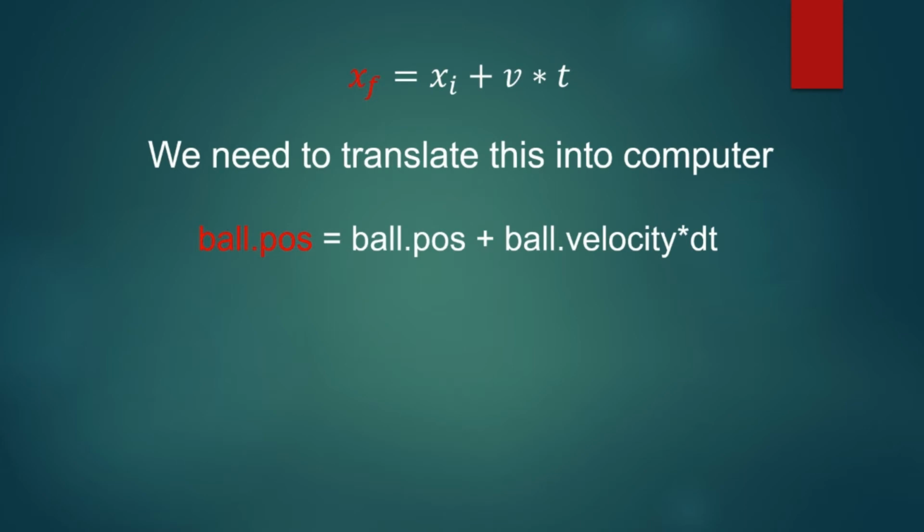The position of the ball is at xf, right? Where our ball is now is our final position. That is equal to the initial position of the ball plus the velocity of the ball times the time that it takes for the ball to go that far. So v dt, what do you think that d means?